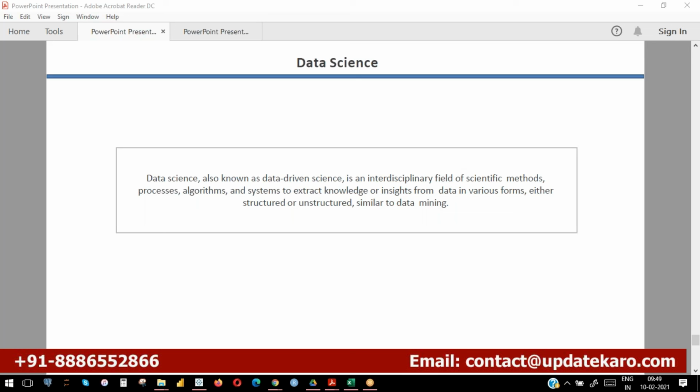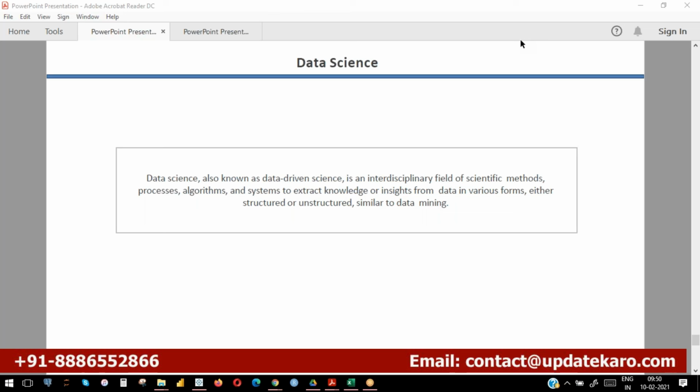So what do you mean by structured data and unstructured data? Any idea? New people who are attending our class from today? What is structured data and what is unstructured data?